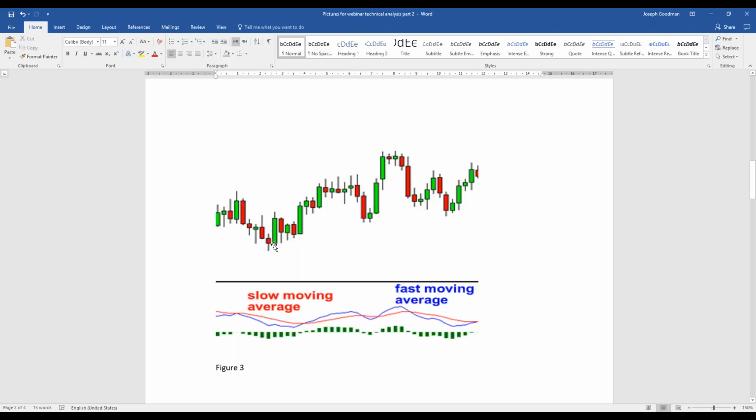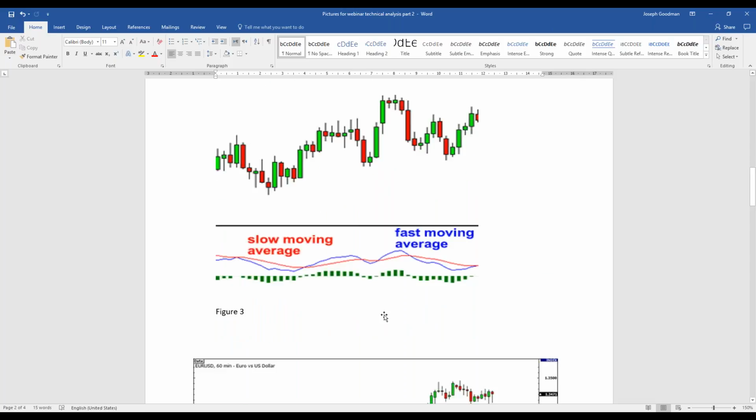So pay attention when the crossover takes place because the histogram temporarily disappears. This is because the difference between the lines at the time of the crossover is 0. As the downtrend begins and the fast line diverges away from the slow line, the histogram gets bigger, which is a good indication of a strong trend.